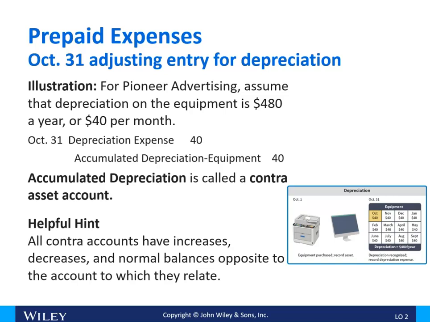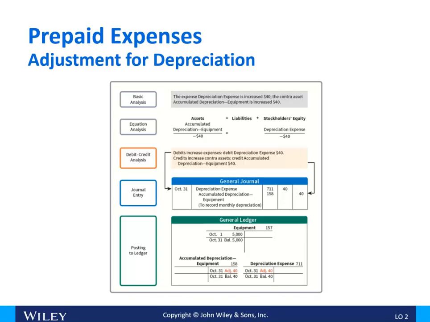So we have this new account that we're using, this contra asset account. Again, we go through the analysis, determine the debits and credits, and we post to the ledger. If you look at the posting to the ledger section at the bottom, we have equipment we bought for $5,000.